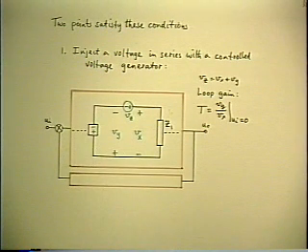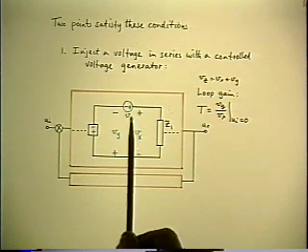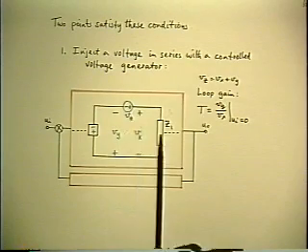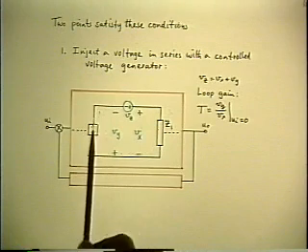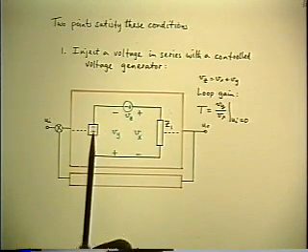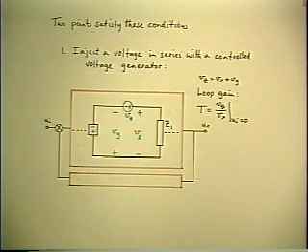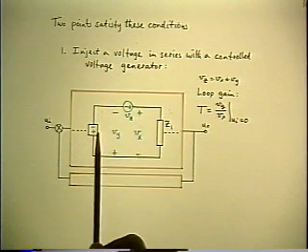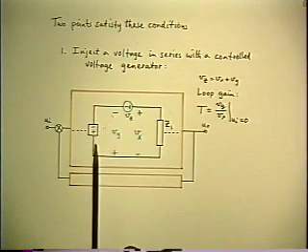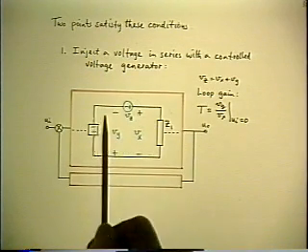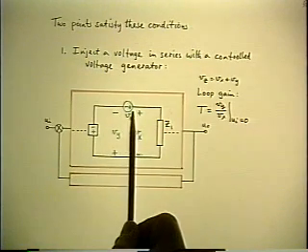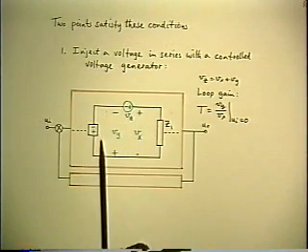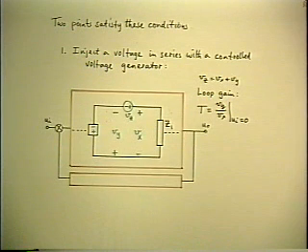The reason is that when you inject a test signal, you're going to change the current around that loop. But since there's no impedance on the left-hand side, you don't change the value of that voltage generator. That's a little more detailed description of the necessary condition for not upsetting the loading. Because it's a zero impedance voltage generator anyway, so even though the test signal changes the current, it doesn't change the value of the generator.